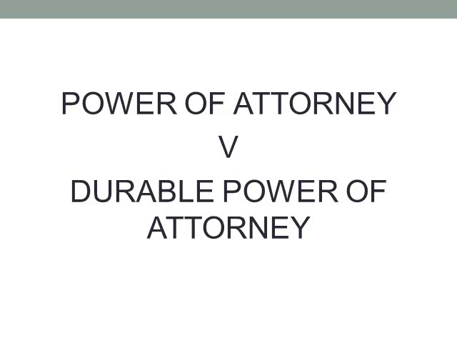If you just have a regular power of attorney and your principal becomes incapacitated or incompetent, the power of attorney can be invalidated. If the intention is to have the power of attorney of somebody who becomes incompetent, they have to be competent when they enter into it. You have to have a durable power of attorney.